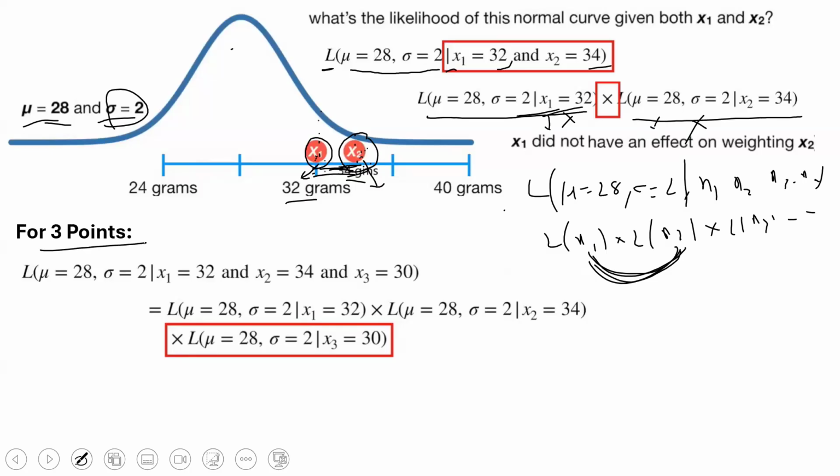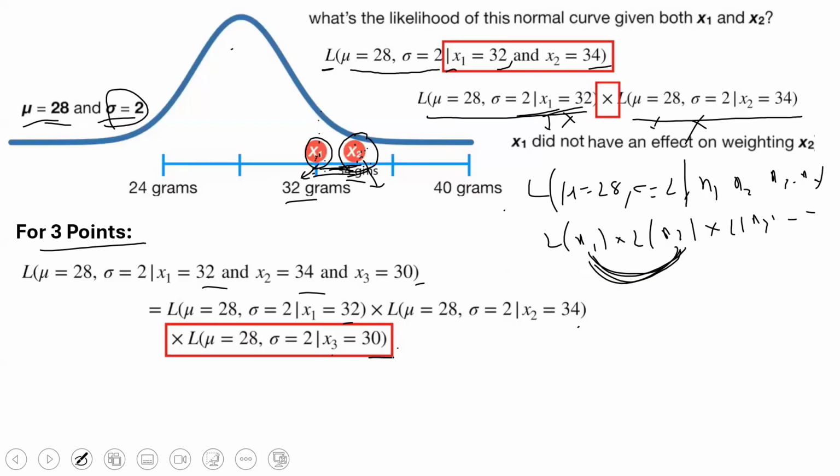If you're given 3 points, as I told, so 32, 34, and 30 are given to you, again it's just a multiplication of all the likelihoods: the likelihood of the first point multiplied by the likelihood of the second point multiplied by the likelihood of the third point, because they are independent measurements. All the points are independent of each other.